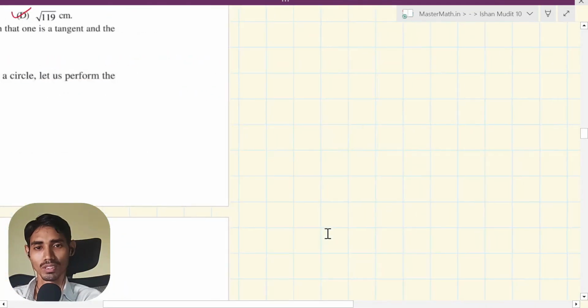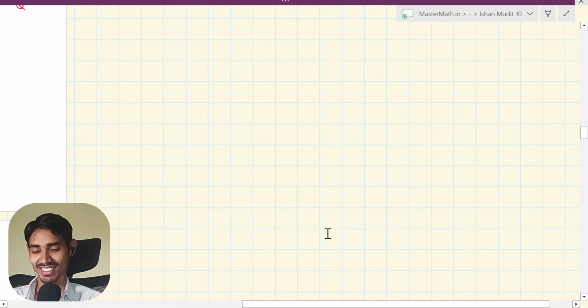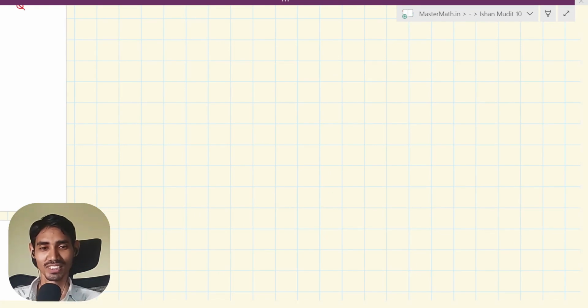So now we'll draw some more 5th, 6th grade sketching. If we had one line, one possibility was there, and with the circle, and now we have one point, one circle, and tangent.